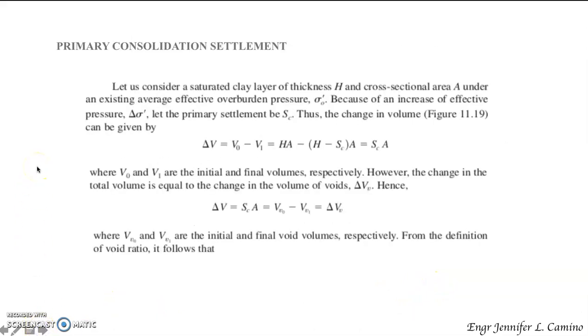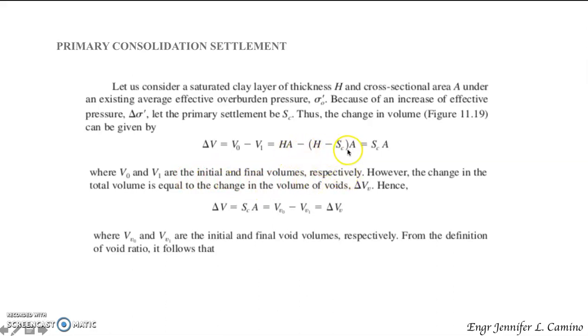Now we move on to pre-consolidation settlement. Let us consider a saturated clay of thickness H with cross-section A under an existing average effective overburden pressure sigma sub O prime. Because of an increase of effective pressure, delta sigma prime, the primary settlement S sub C, that is the change in volume, can be given by this equation. Basically the change in volume is equal to V sub 0 minus V sub 1, which represent the initial and final volume respectively.